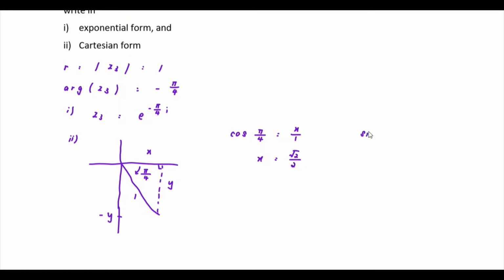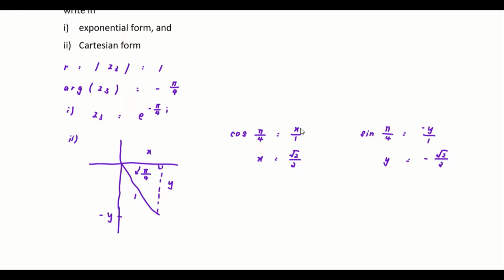Then sine pi over 4 is equal to y over 1. And don't forget, this one is negative, so you can just put it here so your answer will have a negative. So y will be equal to negative square root 2 over 2. You must make sure your y is a negative number. If not, it's going to be wrong already.